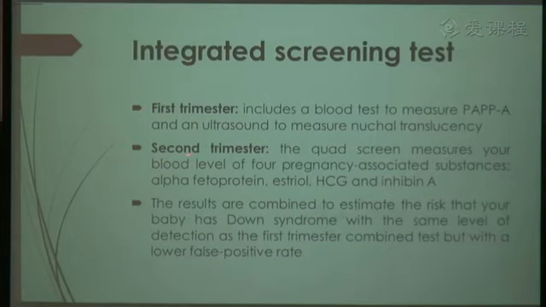Also, we have a second trimester test, called the quad screening. It measures the blood levels of 4 substances related to pregnancy, which are alpha-fetoprotein, estriol, HCG, and inhibin A. The results from both tests are combined to assess the risk of Down syndrome.